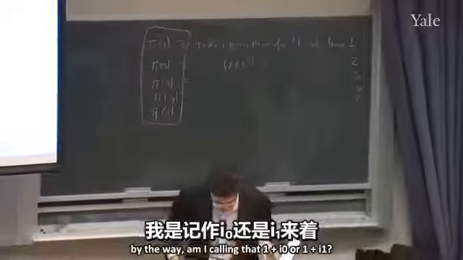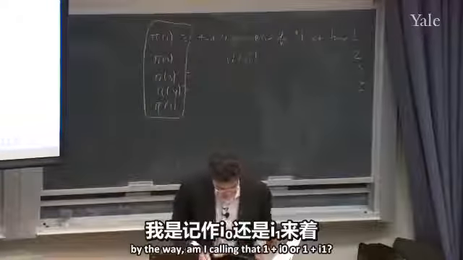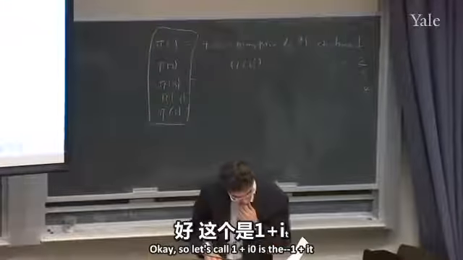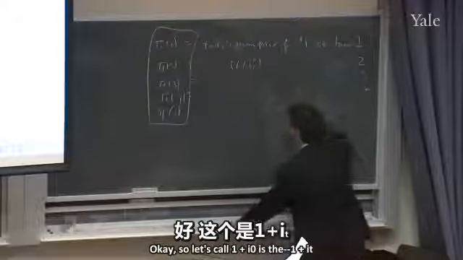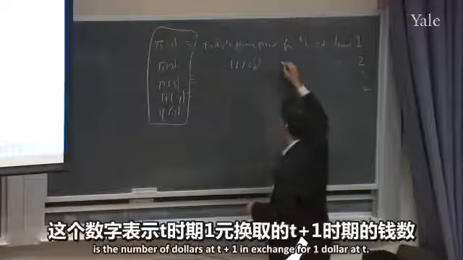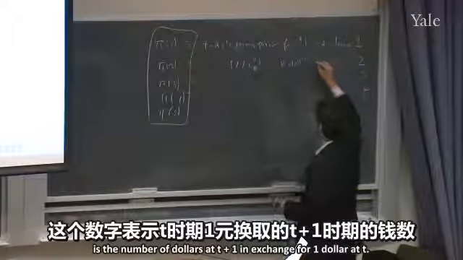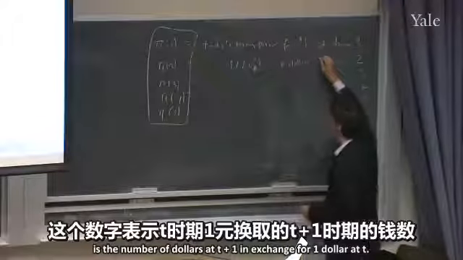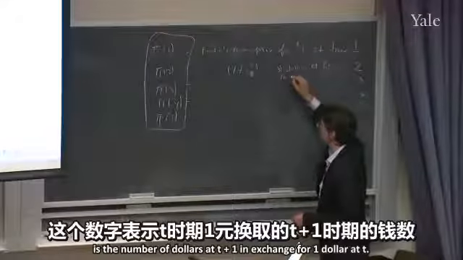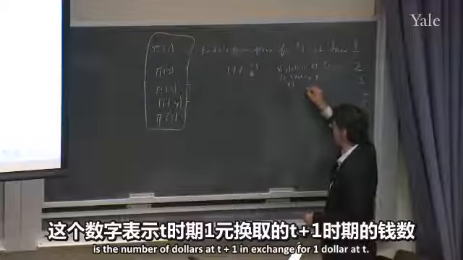By the way, am I calling that 1 plus I0 or 1 plus I1? Sorry, I just want to get my notation straight. Okay, so let's call 1 plus I_t the number of dollars at t plus 1 in exchange for $1 at t.